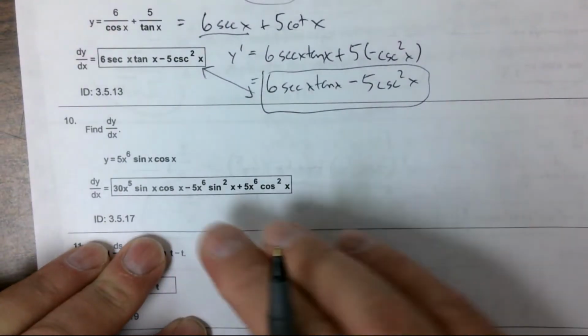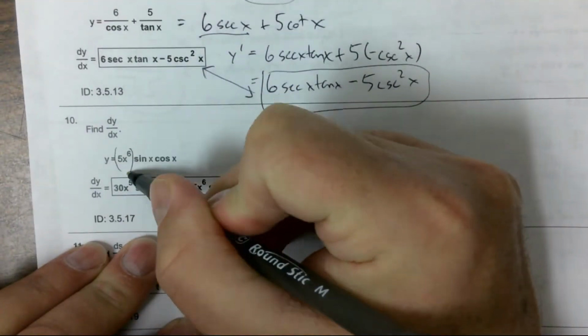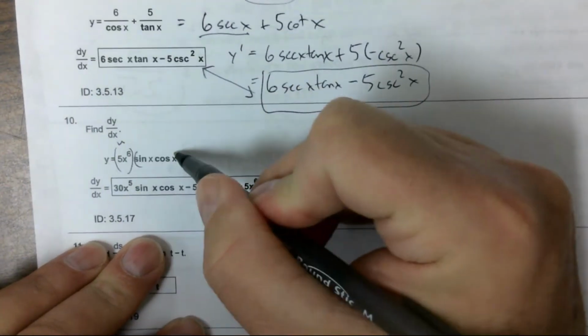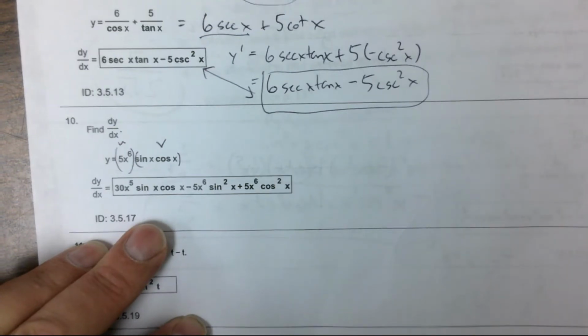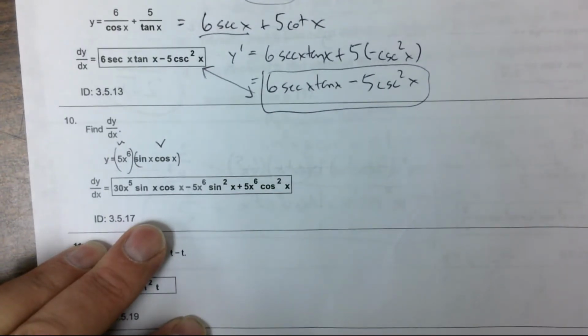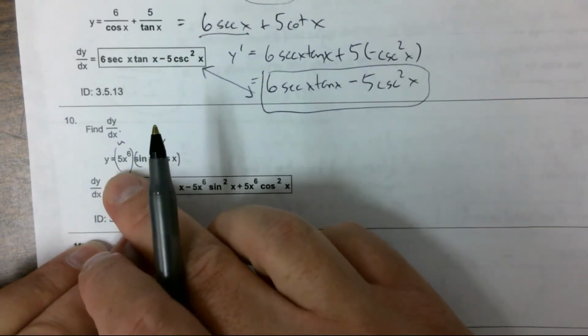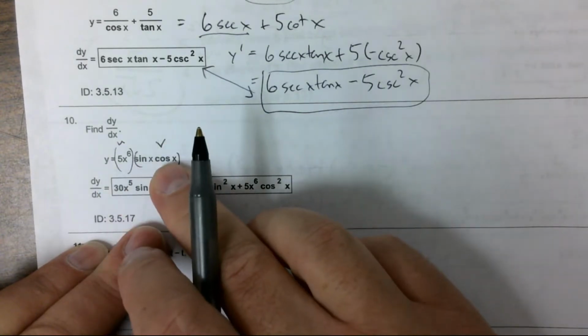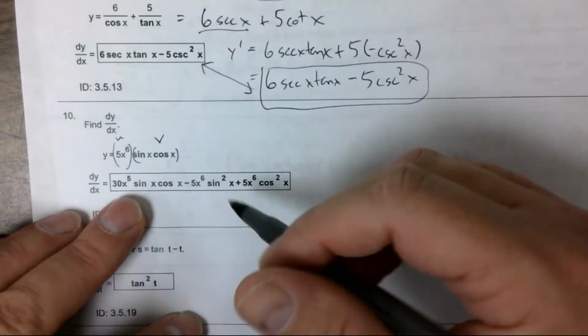Okay. For this one, think about how the function logically groups together. For example, I would group this to be u and this to be v. At least that's my first thought. Yeah, I would group it that way because this is like a regular polynomial part and this is the trig part. So we're going to use the product rule.